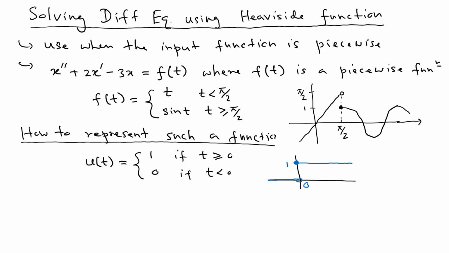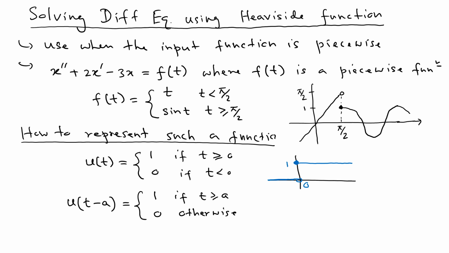And then we also look at the general case, what we normally call the shifted version of this one, which is u(t minus a), shifted by a. It is 1 if t is greater than or equal to a, and 0 otherwise.